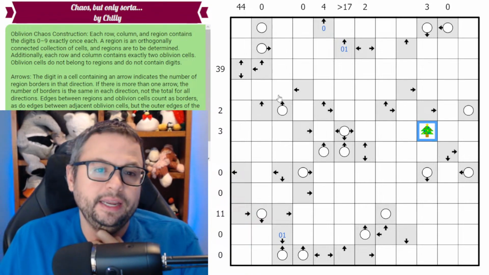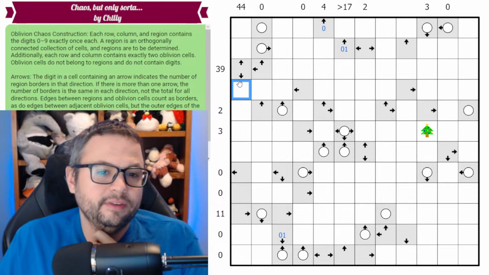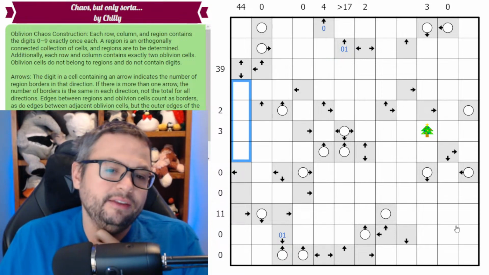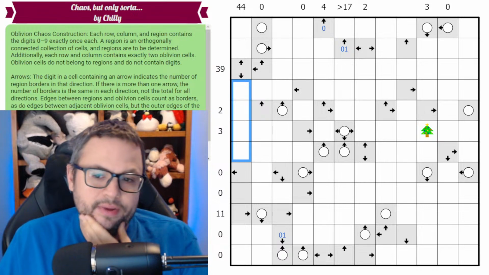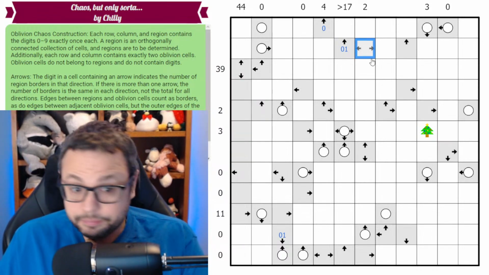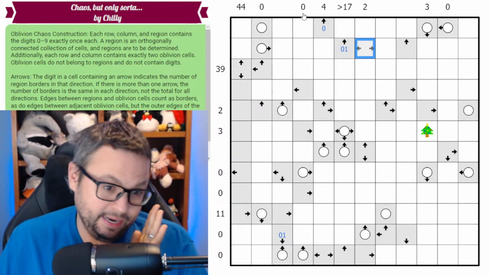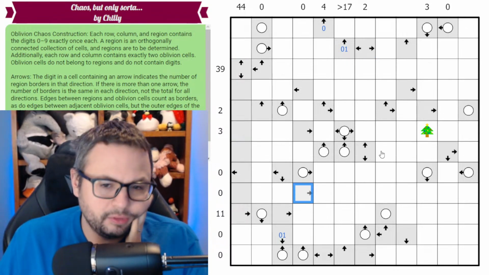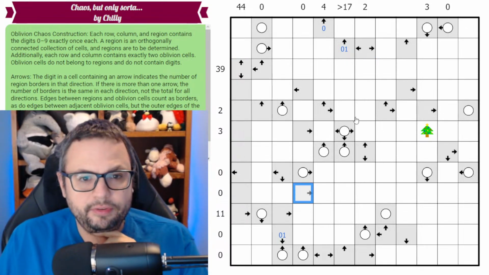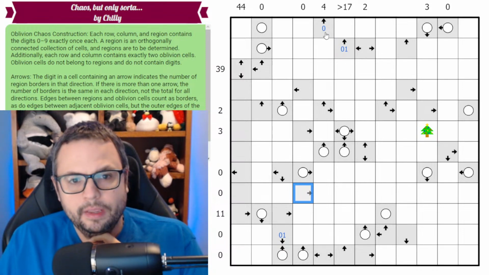So this is definitely not an Oblivion cell. Likewise, any of these can't be Oblivion cells, because if any of these were an Oblivion cell, it would imply 3 outies, and I can't have 3 outies. I can have 2 outies, but not 3. So all of those are parts of regions of some description.